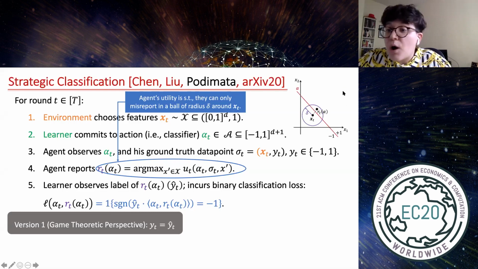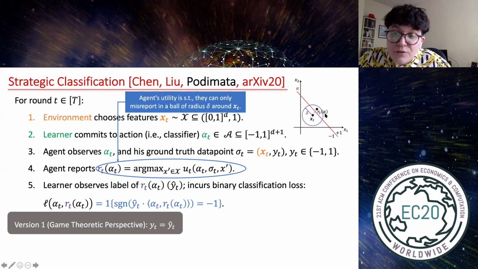So why is that a valid assumption? Well, remember that as we had in the example for the school's admission process, maybe this delta can encode your ability to misreport. It can encode your ability to pay for tutoring classes, or it can encode the number of times that you can actually sit through the SAT.